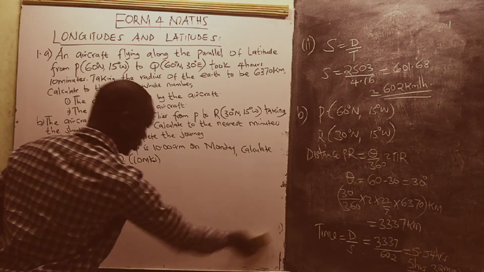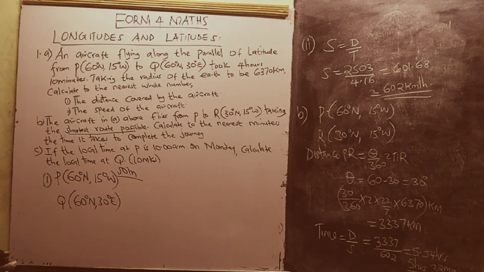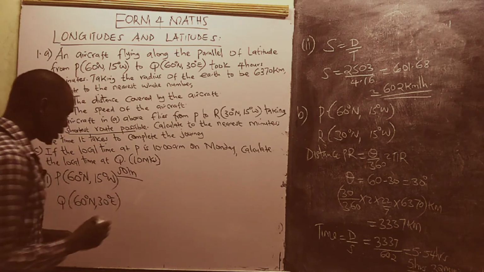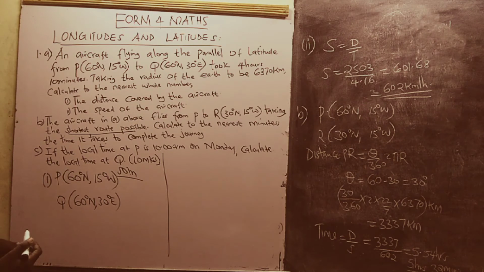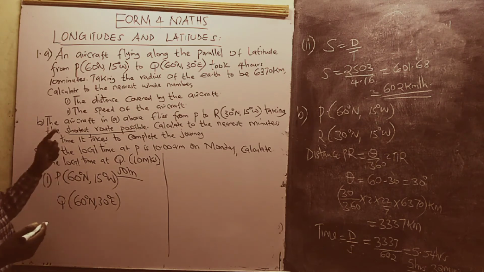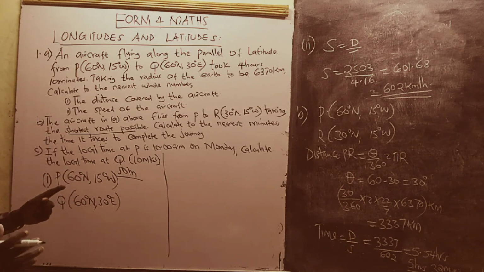For us to be able to do part C, we need to know that when it comes to time, the Earth rotates in 24 hours through 360 degrees, and we want to know for every 1 degree how many minutes the Earth takes. What gives us the difference in time is the longitude difference.